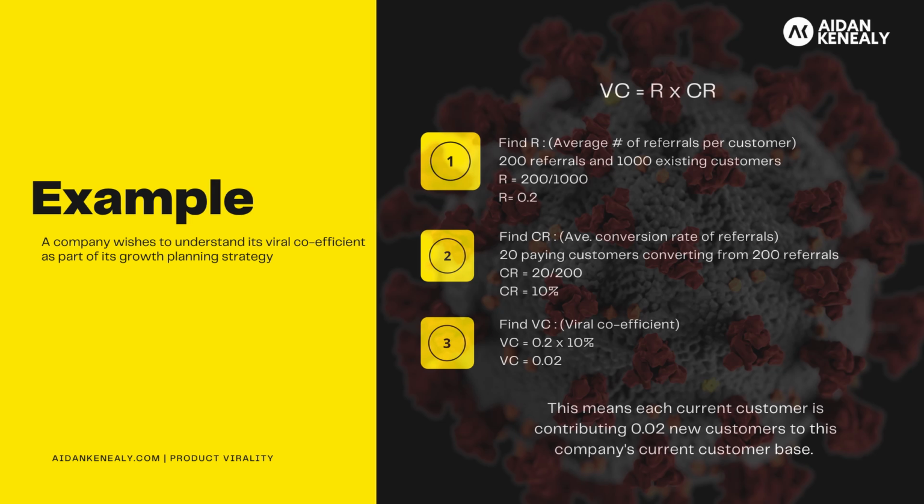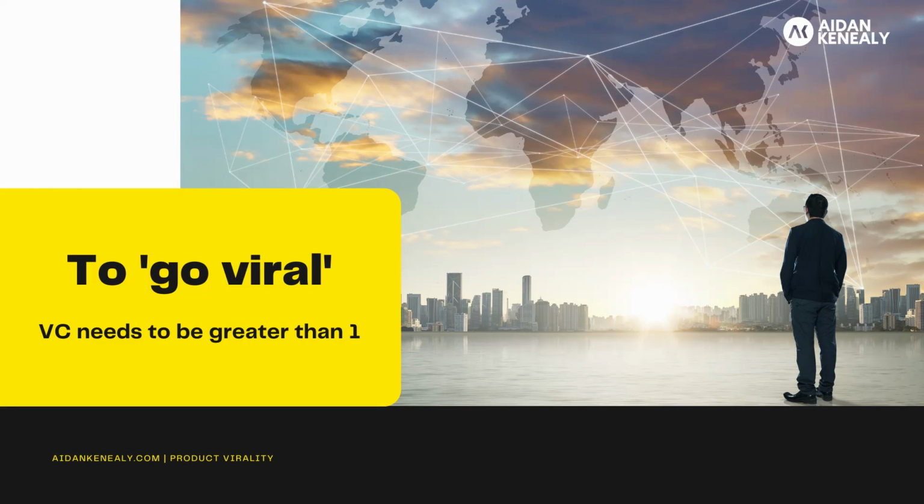And that isn't great. For a product to demonstrate virality, it needs a viral coefficient greater than 1. Remember, the viral coefficient is the average number of new customers that existing customers are contributing to the current customer base. A number higher than 1 therefore implies that your customers are adding more than just themselves to your customer base. And the higher this number, the better.